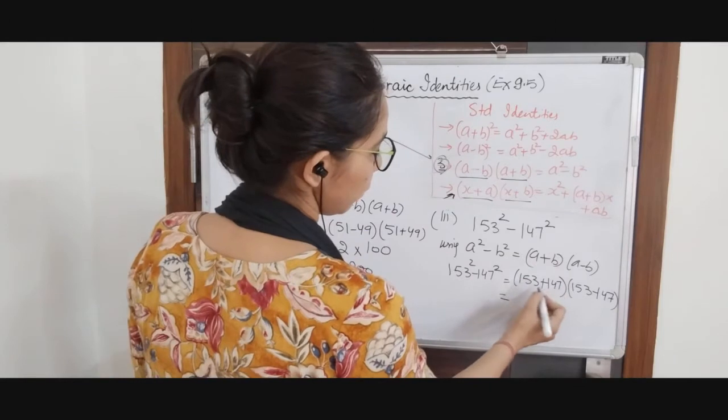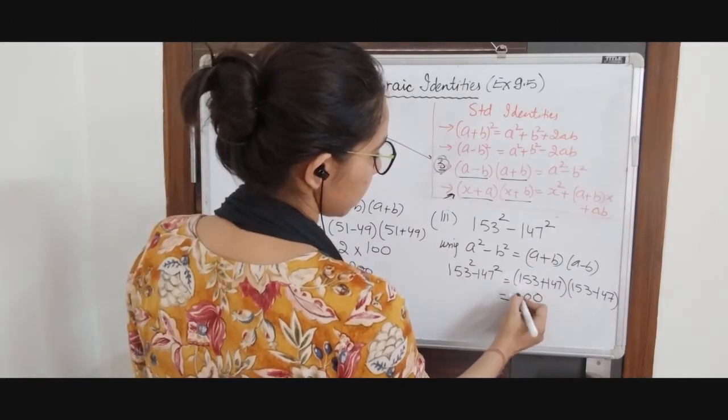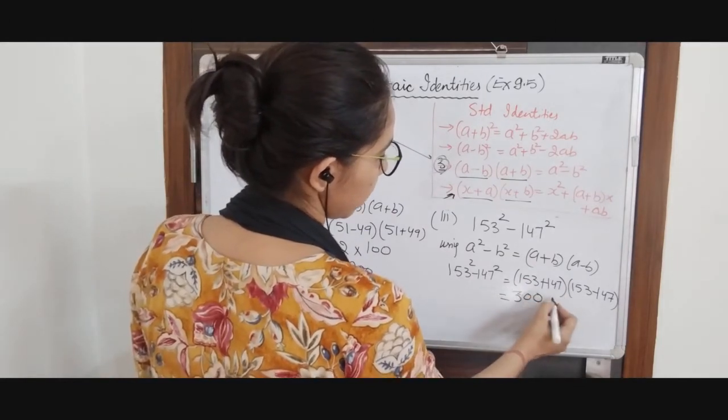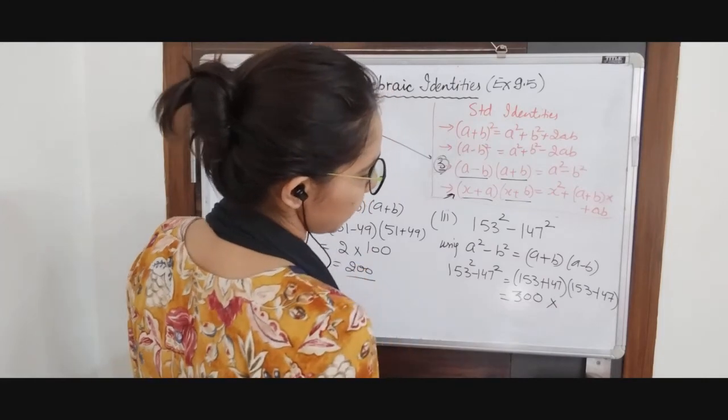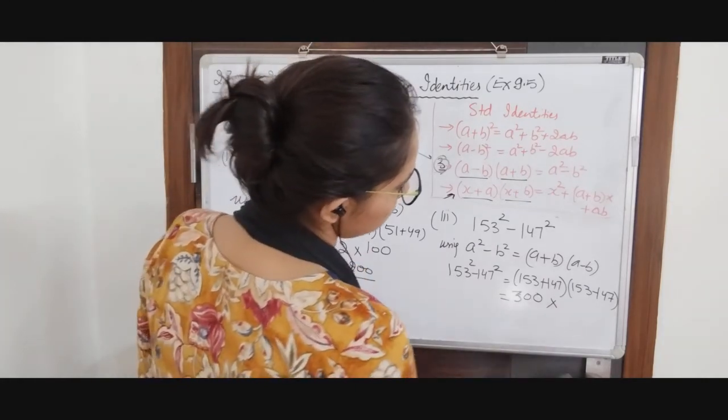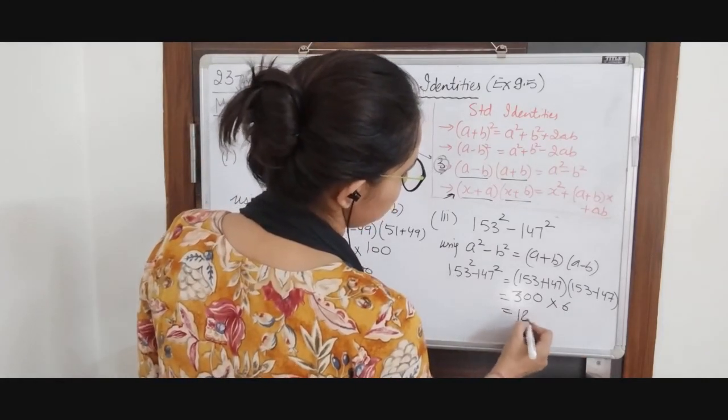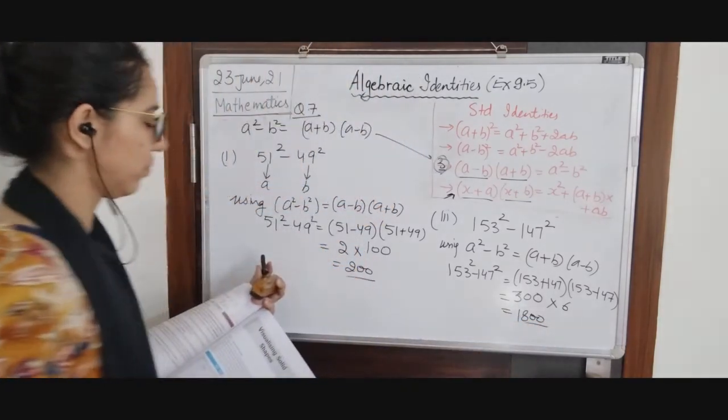So it will be 300 into 6, which is 1800.